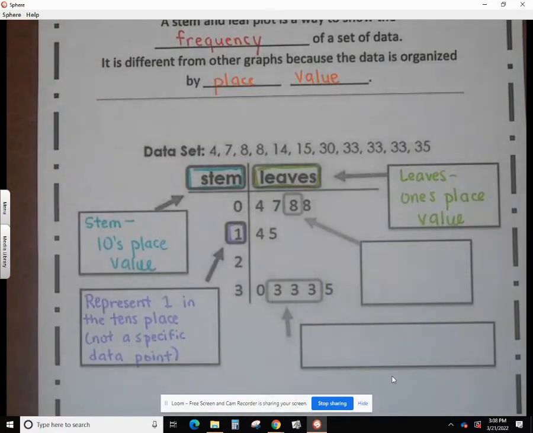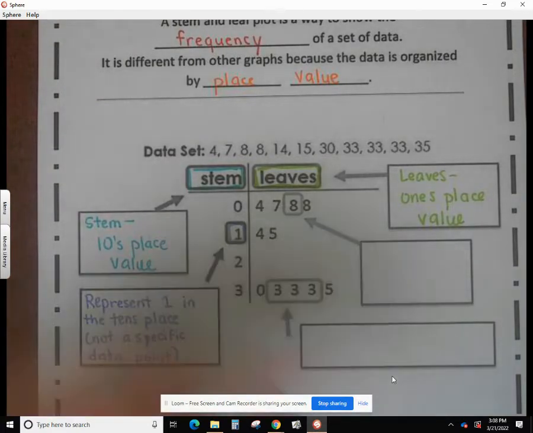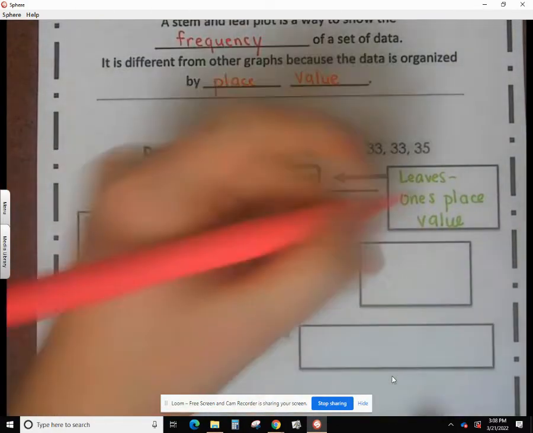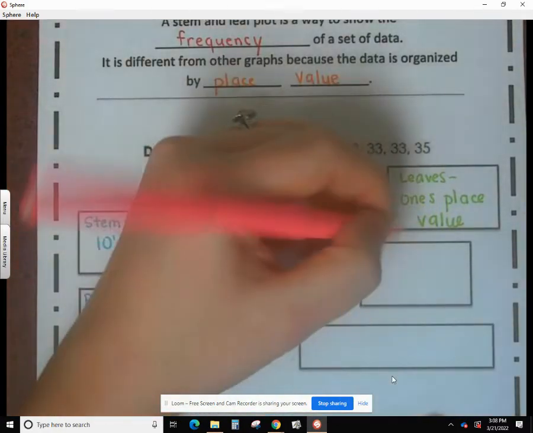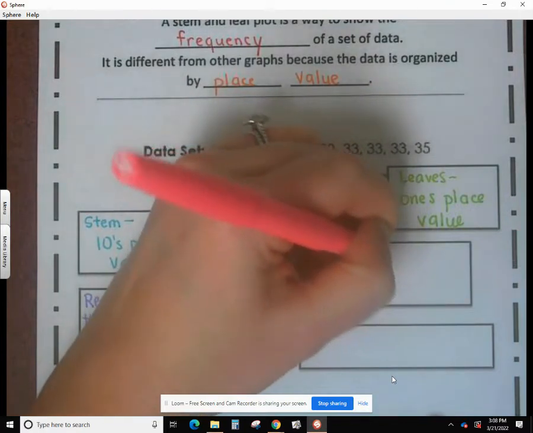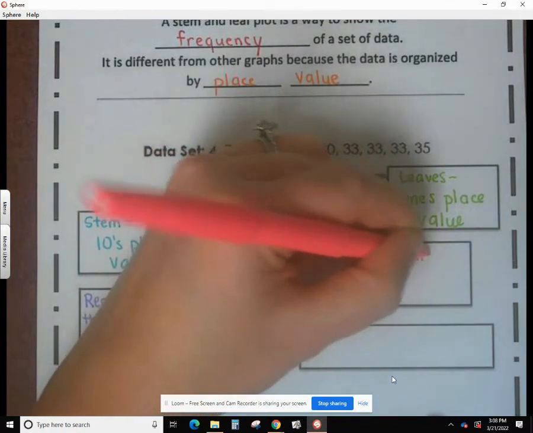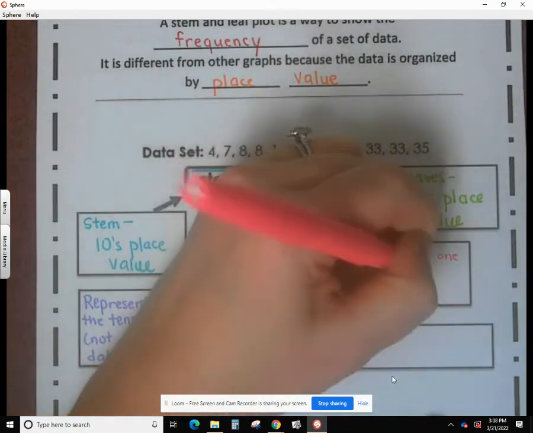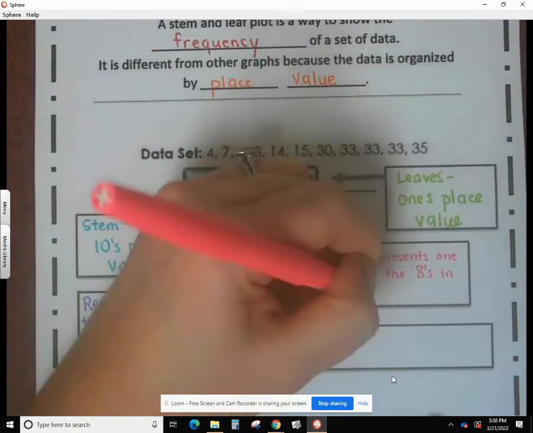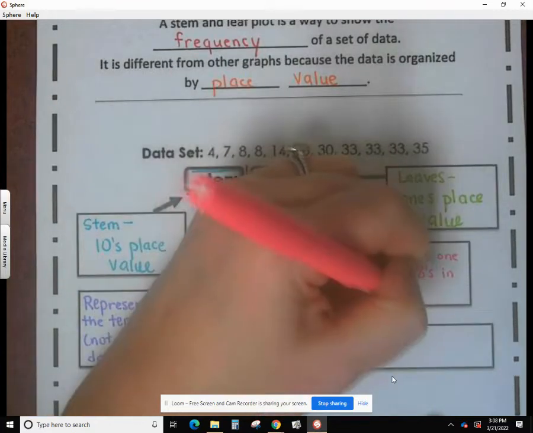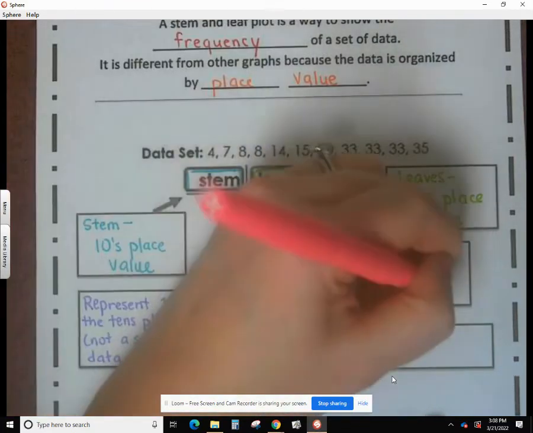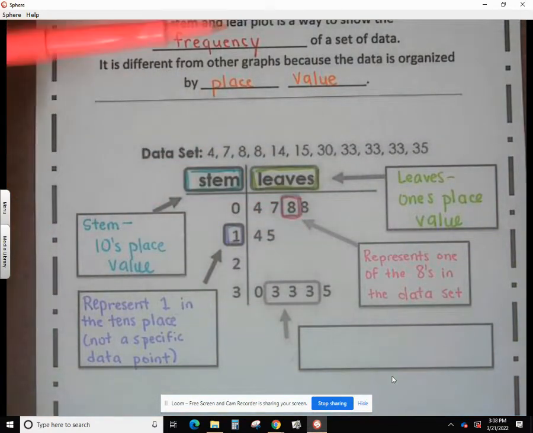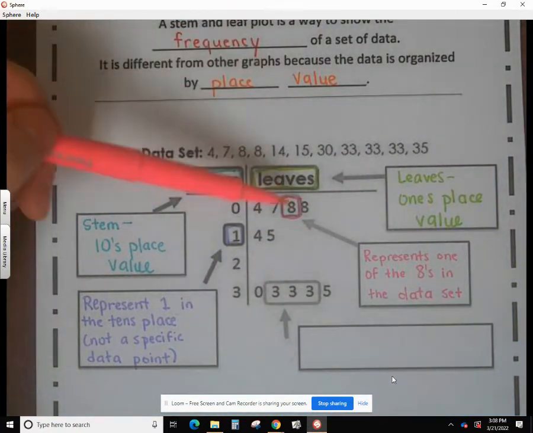Okay, another one that we could look at is this 8 over here. So this represents one of the 8s in the data set. I say one of them because there's another 8 right there. So sometimes numbers are going to be repeated.